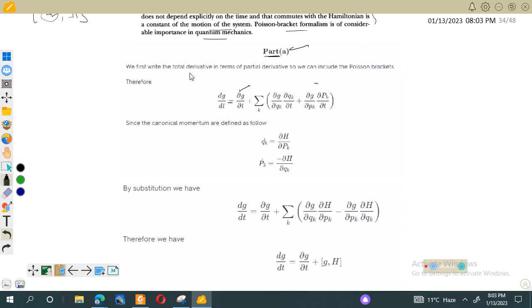We first write the total time derivative in terms of partial derivatives so that we can include the Poisson bracket.